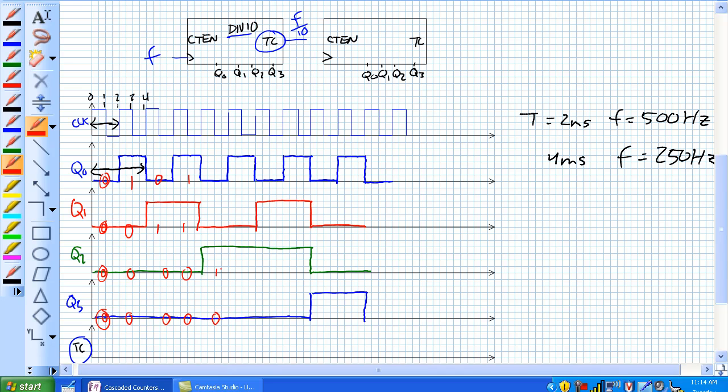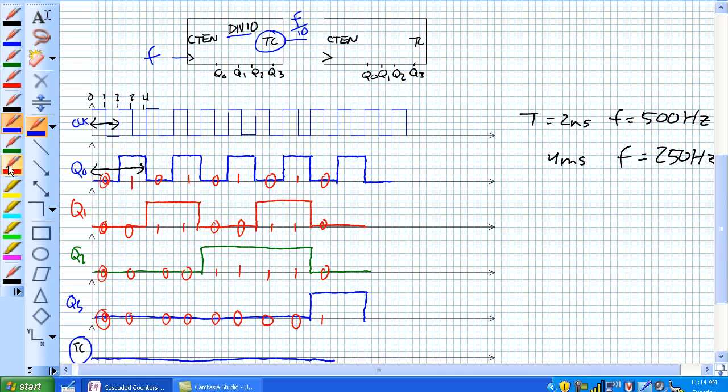3, 4, 5, 6, 7, now we're at 8, and this whole time, TC has been staying low.